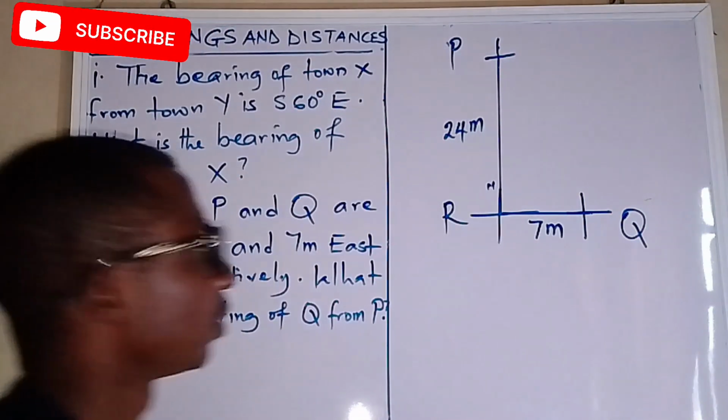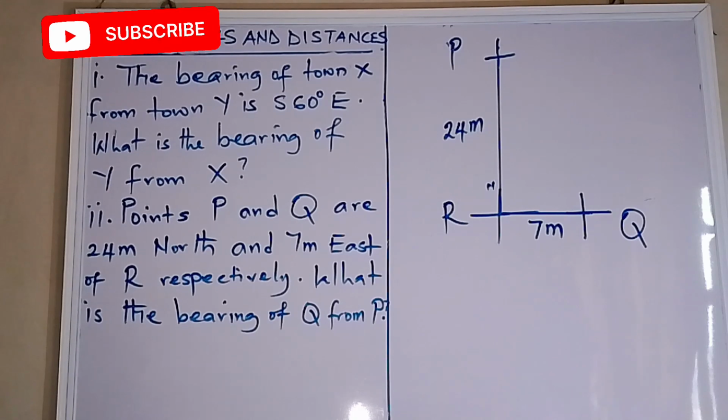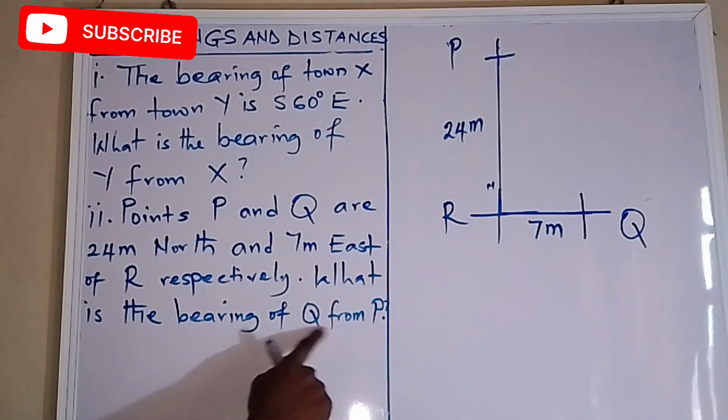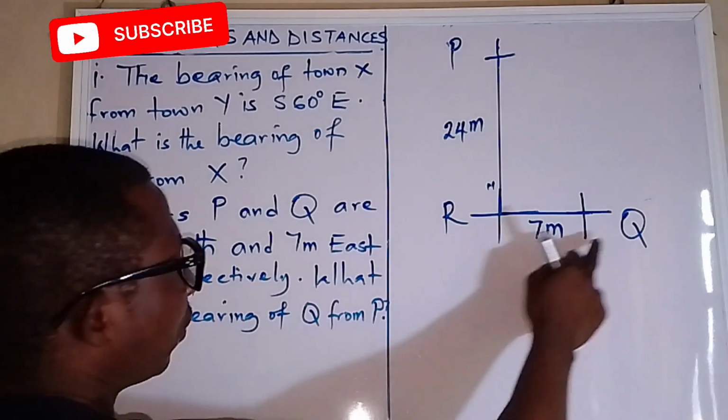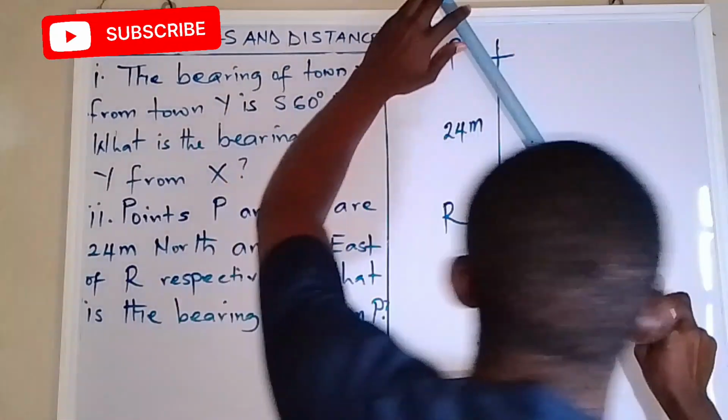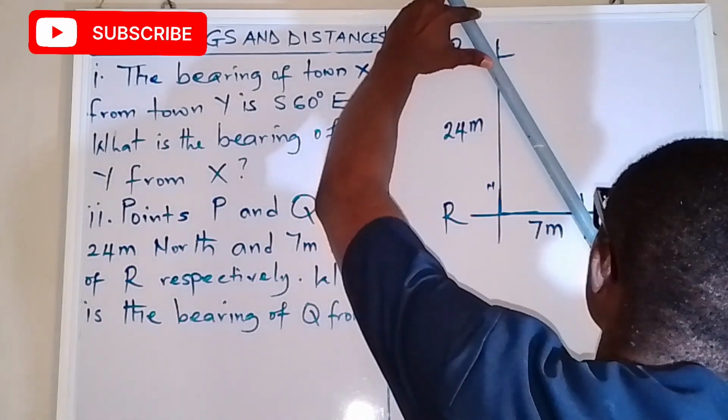So we want to get the bearing of Q from P. So we need to join the two points together. So we join it together.